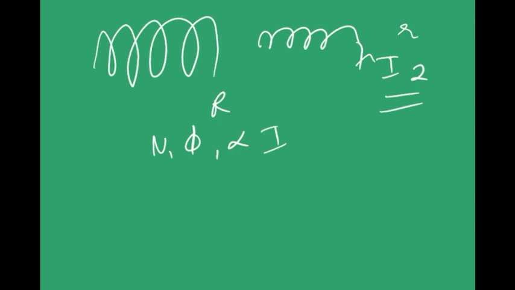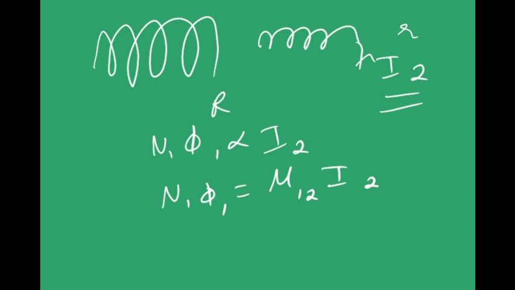So the more the current, the more will be the flux. And to remove this proportionality, I'll introduce a constant which is M, actually M12. It is the coefficient of mutual induction, or you can say mutual inductance of solenoid 1 with respect to solenoid 2. This is how you read it.